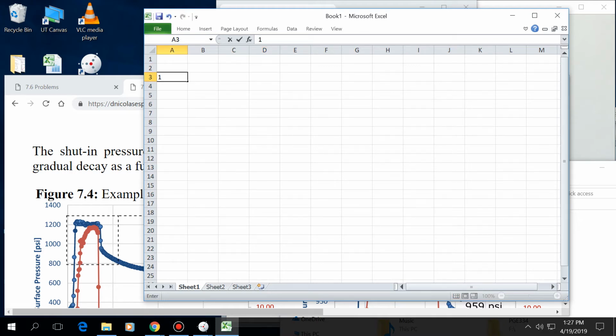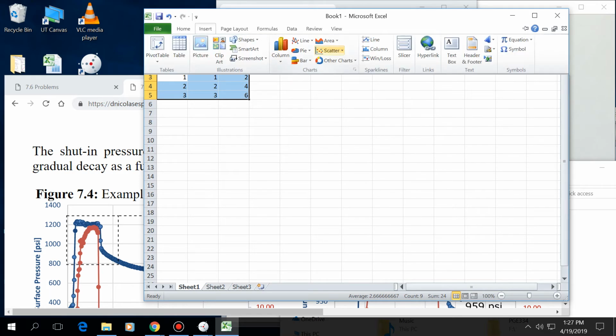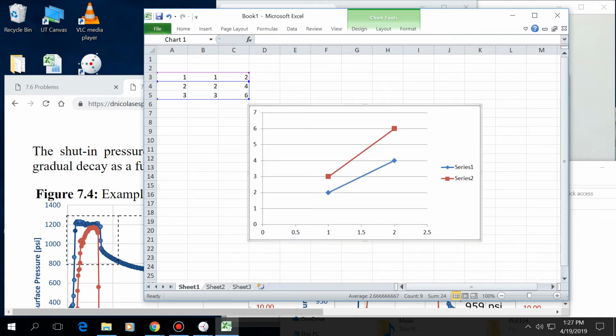Okay, let me just do a quick demonstration here. So there you have the two plots, right?